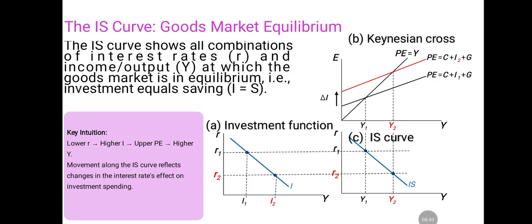When the investment increases, our planned expenditure curve shifts from Y1 to Y2. So when the interest rate declines, the income also increases. It shows the IS curve. The IS curve shows the relationship between income and interest rate, and the IS curve shows the equilibrium in the goods market.